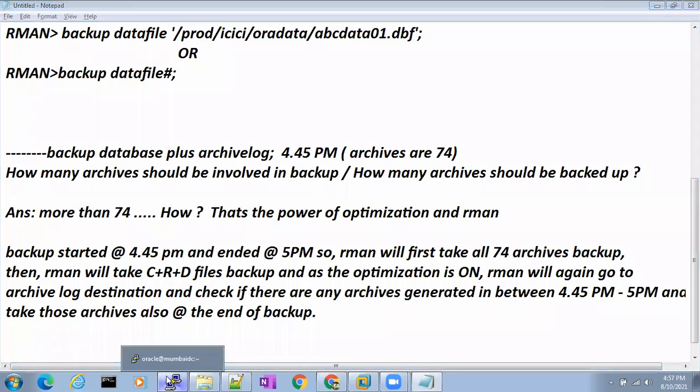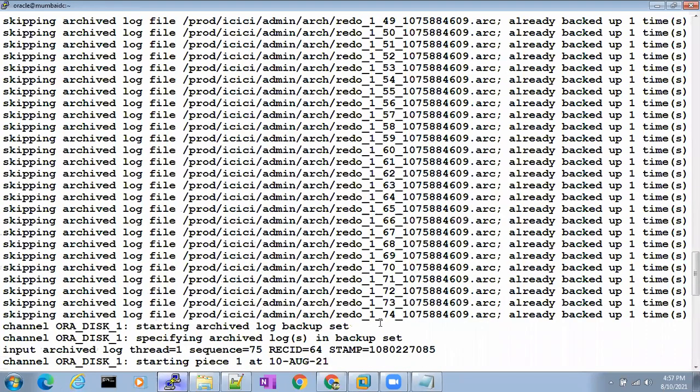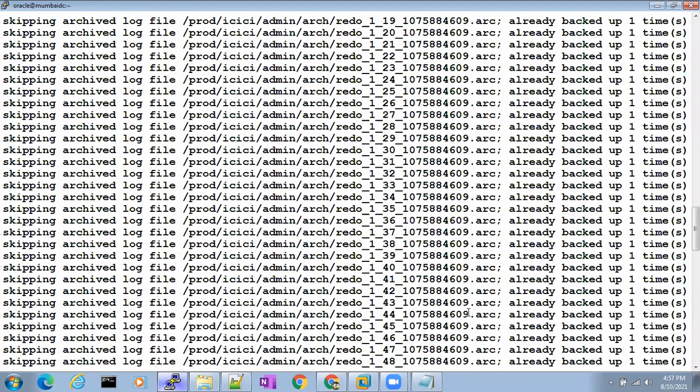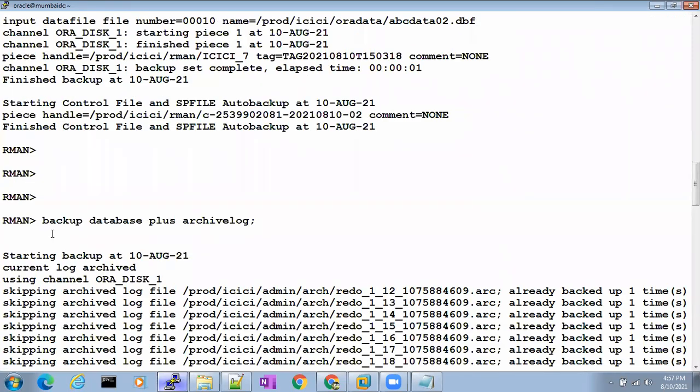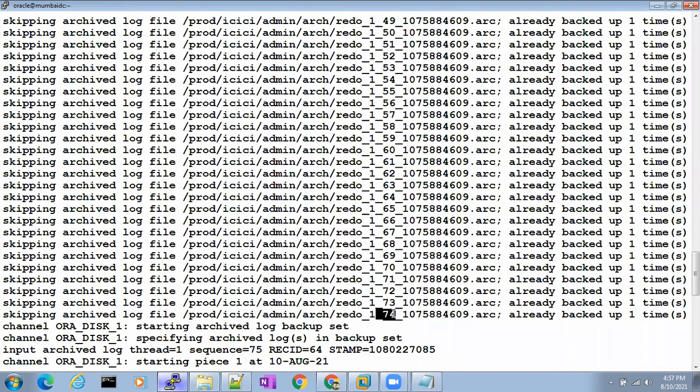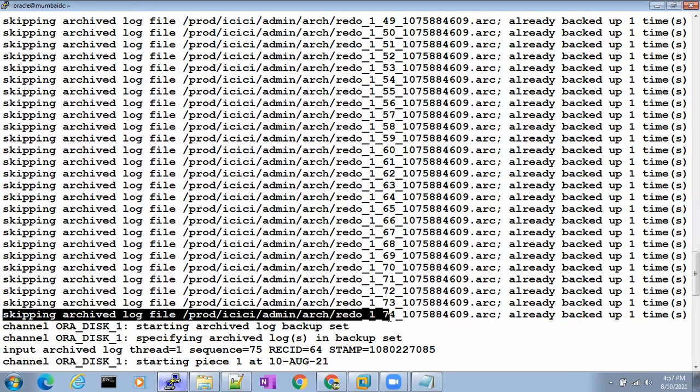For example, you can see this. How many archives were there? 70. When I started this command at 4:45, for example, how many archives were there in the database? 74. And it skipped all 74 archives. Why?